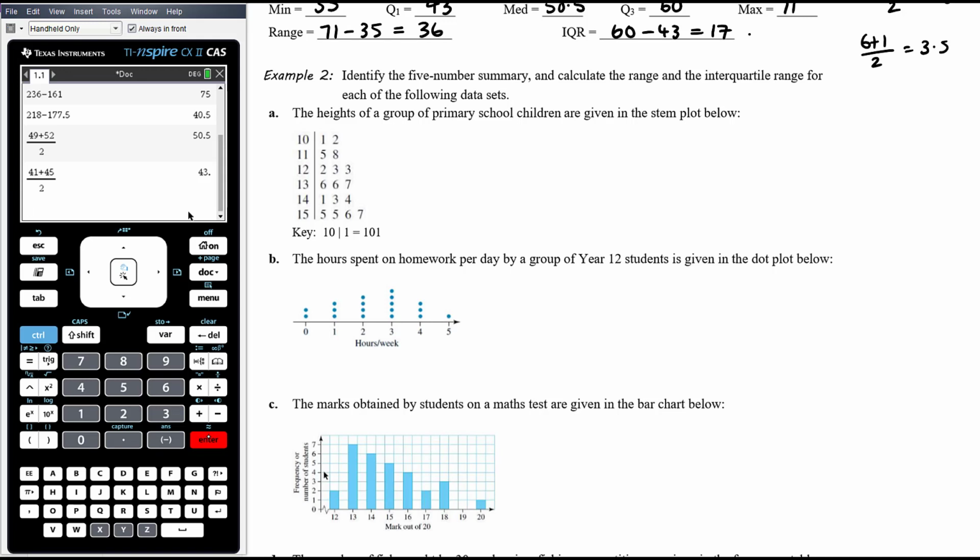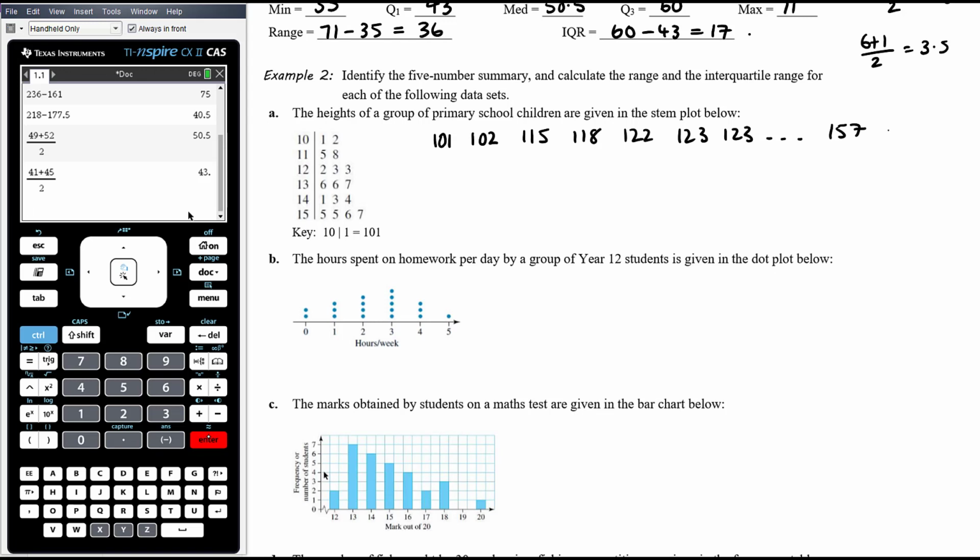If we were to list it out, in this case we've got our key, it's 101, so it would be 101 and then 102 and then 115 and then 118 and then 122 and 123 and 123, etc., all the way up to this last data value, which is 157. Okay, so we don't need to list it out. We need to be able to think about it as a list though.